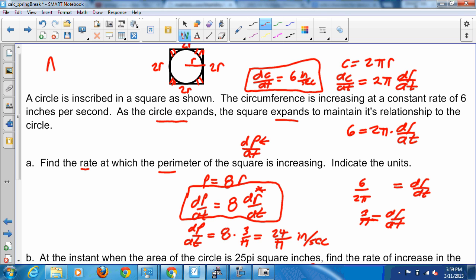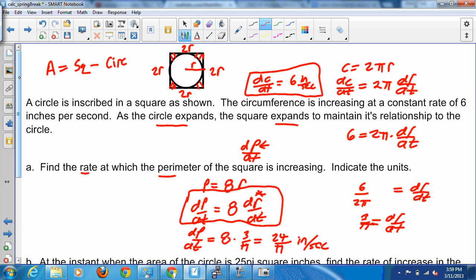So this is going to be the area of the square minus the area of the circle. Alright? And remember that the area of the square is going to be what? 2r times 2r, or 4r squared. And this is going to be pi r squared.